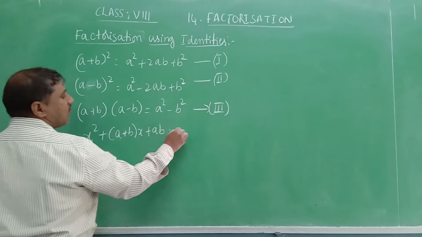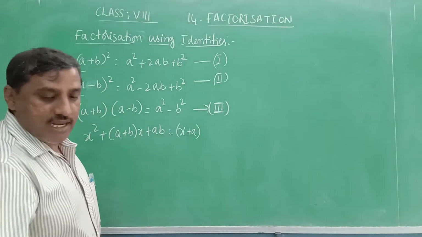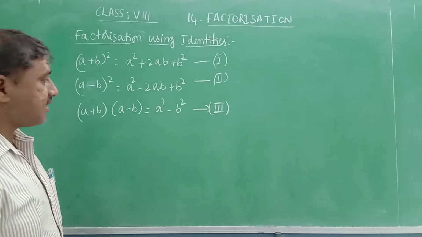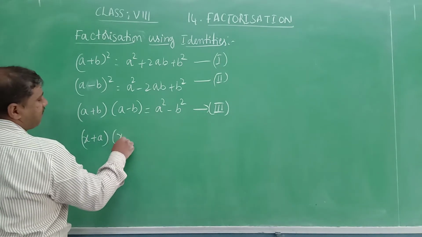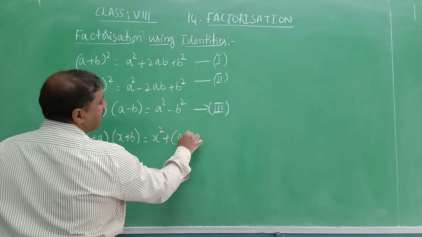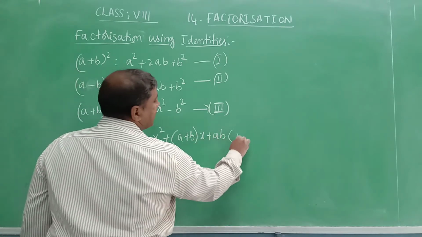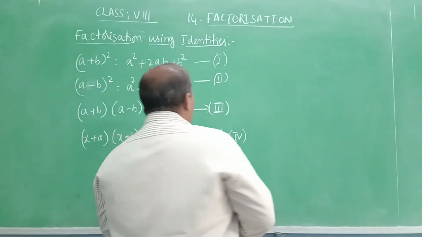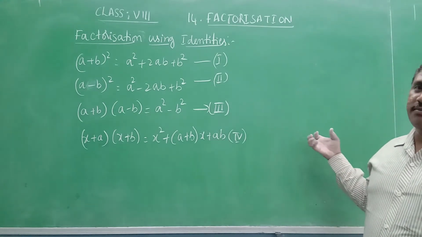Or you write this with the LHS as RHS and RHS as LHS: x plus a into x plus b is equal to x square plus a plus b into x plus a into b. Yes, this is the fourth identity. Now we use these identities to factorize algebraic expressions.